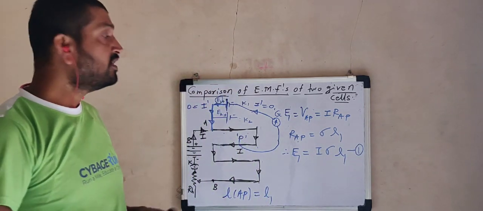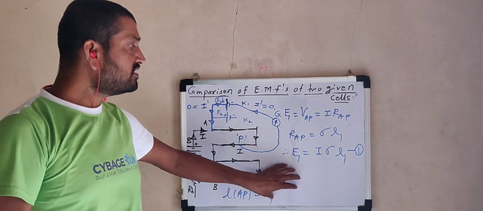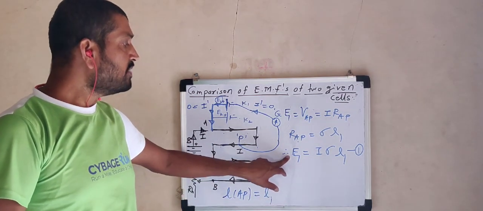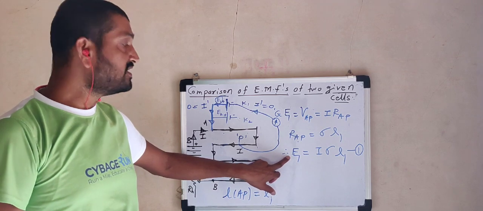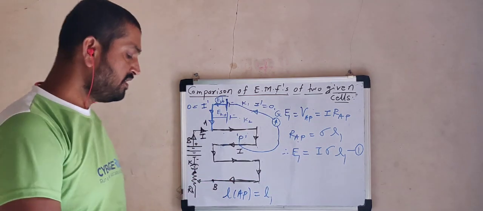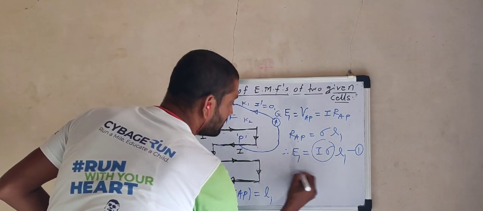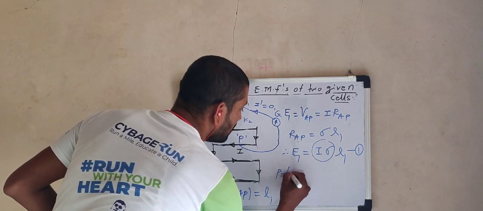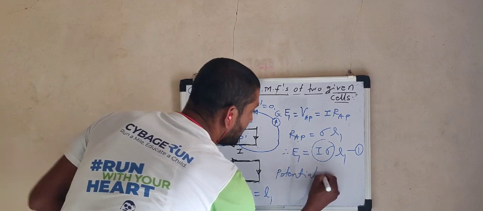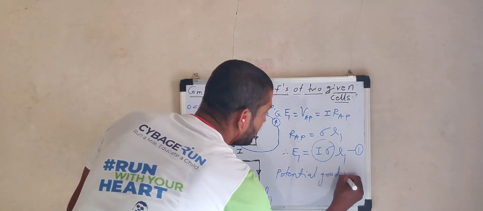Is it clear now? So this is the measurement of EMF of the first given cell, E1 is equal to I sigma L1. Actually this I sigma product is also called the potential gradient.